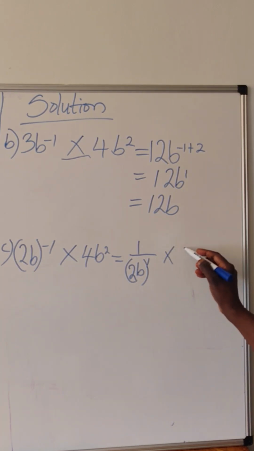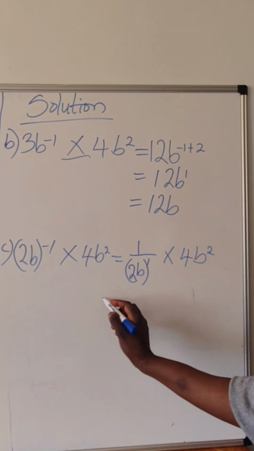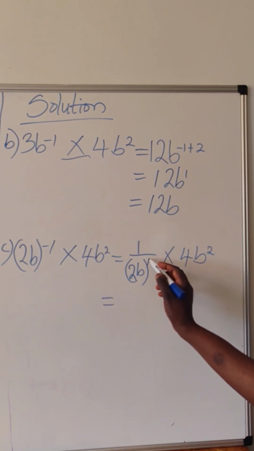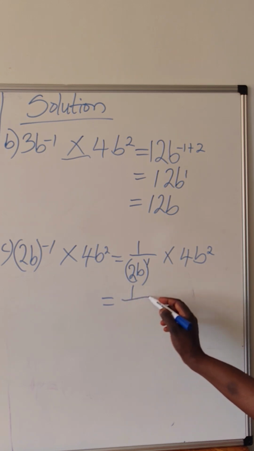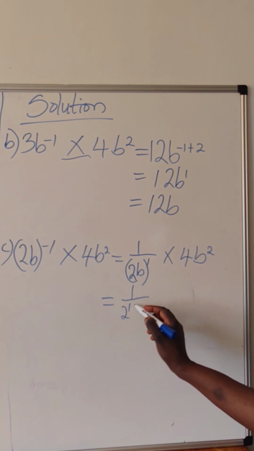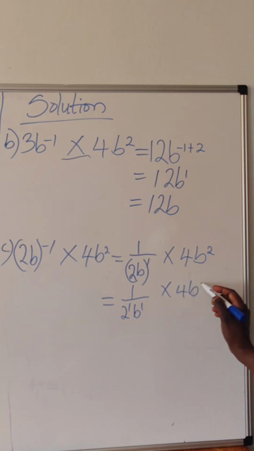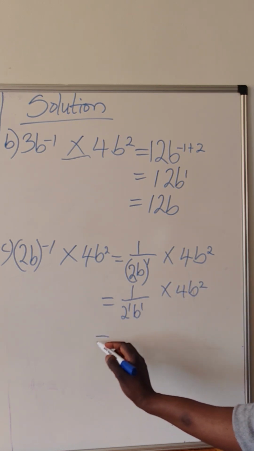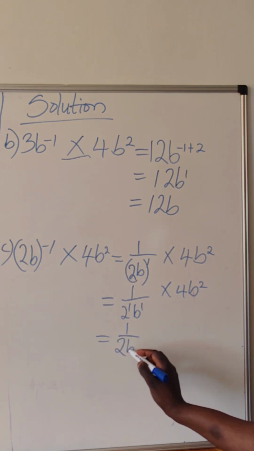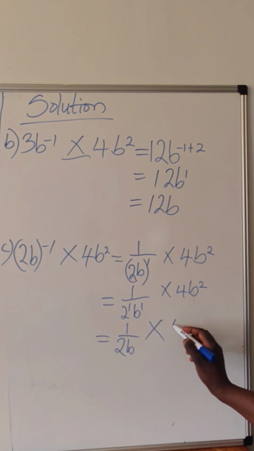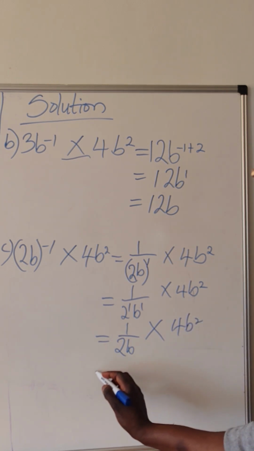And we continue with 4b squared. So this one is affecting everything in the bracket. So we have 2 raised to power 1, b raised to power 1, and 4b squared. So 2 raised to power 1 is the same thing as 2, and b raised to power 1 is the same thing as b, multiplied by 4b squared.